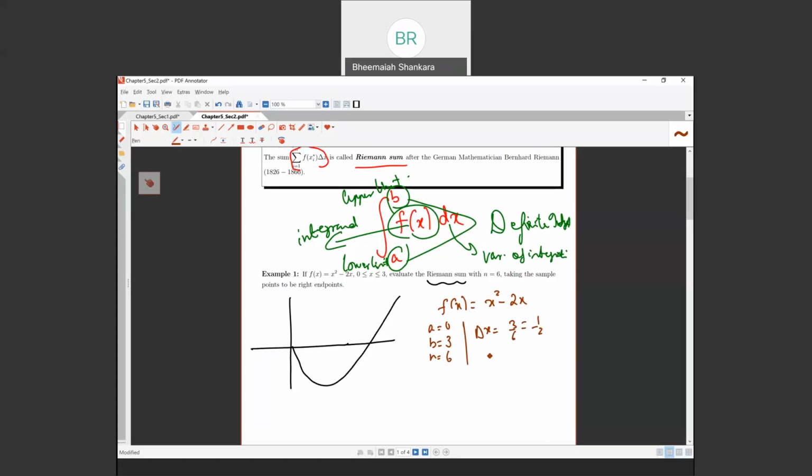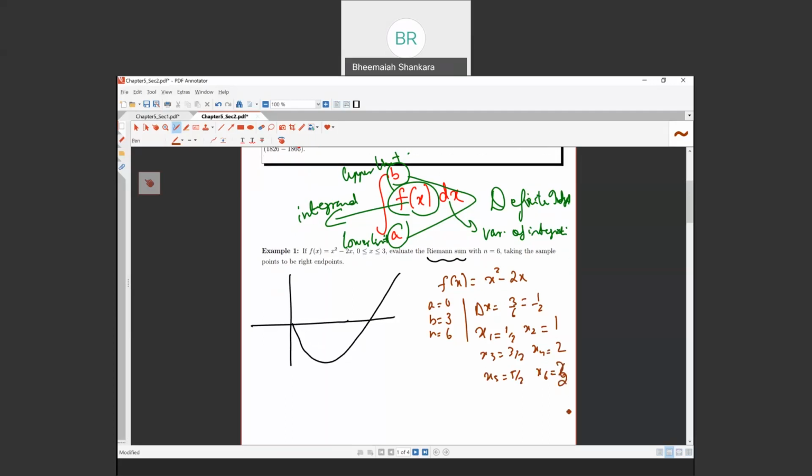So I'm going to name these sample points: x sub 1 is 1/2, x sub 2 is 1, x sub 3 is 3/2, x sub 4 is 2, x sub 5 is 5/2, x sub 6 will be the last point, which is 3. I'm using the rightmost endpoints. So this is our step 1.